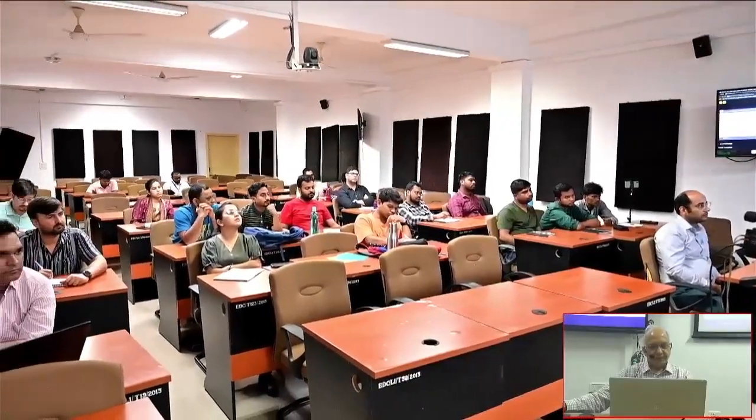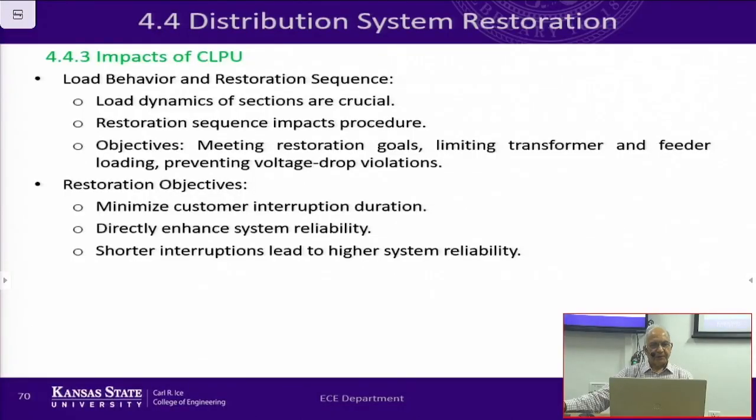And of course, what we try to do is restore the system in steps. So what we need to do is consider load behavior and from that determine the restoration sequence.